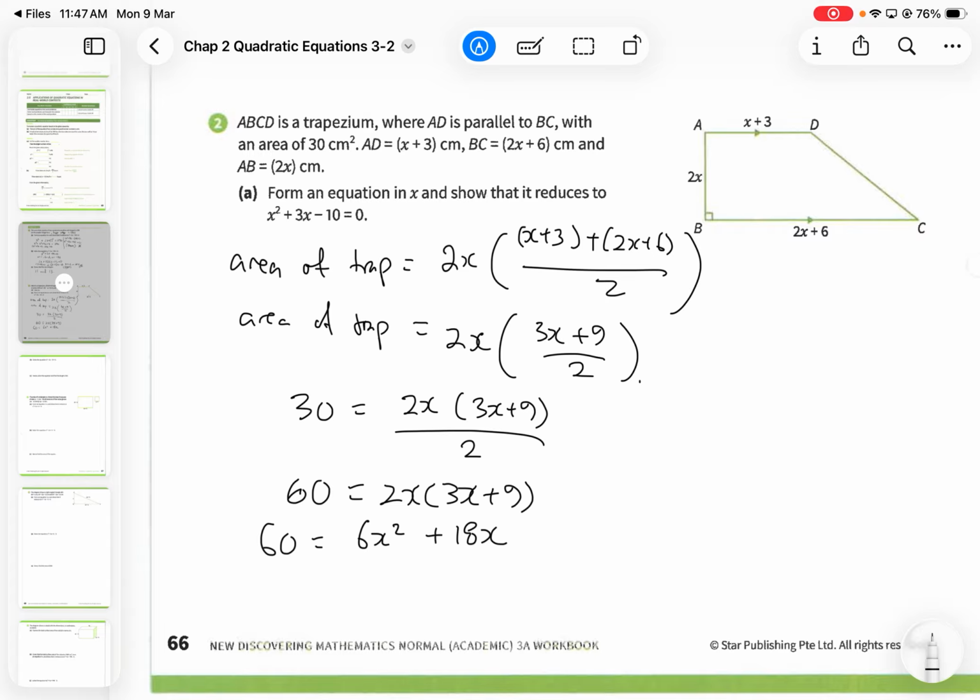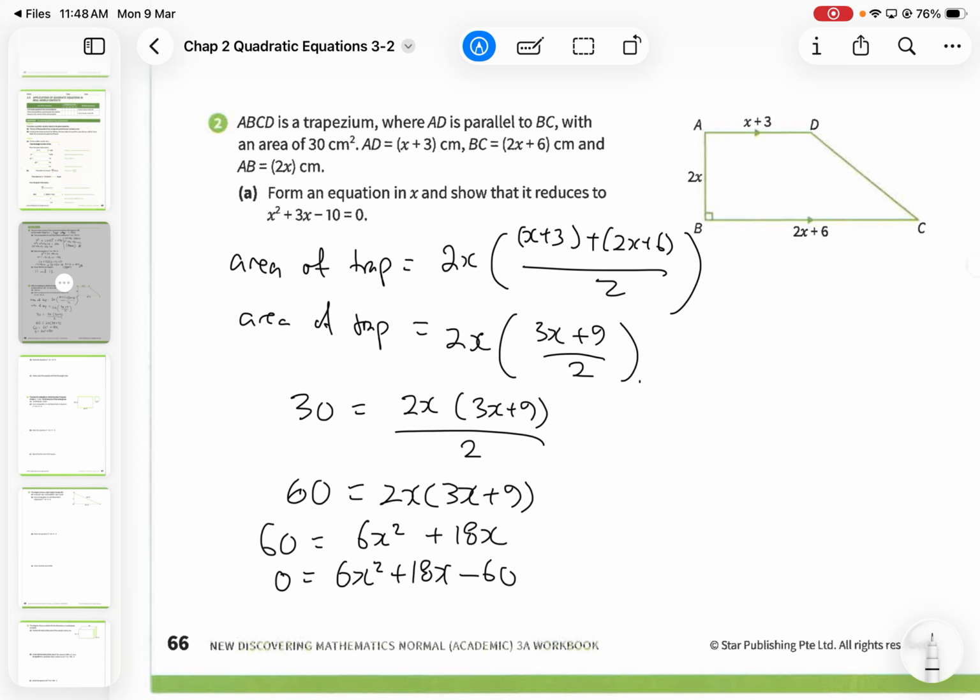Then, they want me to show that it reduced to this. From this one, I know they want me to put all the terms on one side put 0. So for this one, I will move my 60 over. Once I move my 60 over, I will have 0 there.